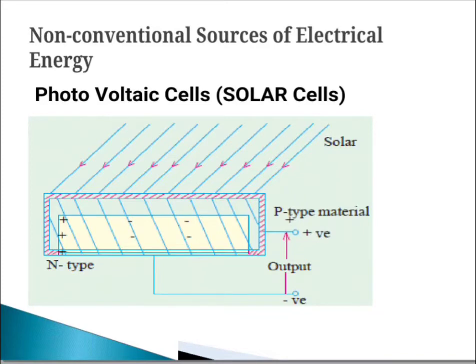When the semiconductor material absorbs the light, the electrons of the material start emitting. This happens because light consists of small energy particles called photons. When the electrons absorb the photon, they become energized and start moving in the material.